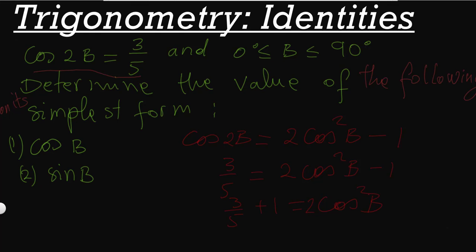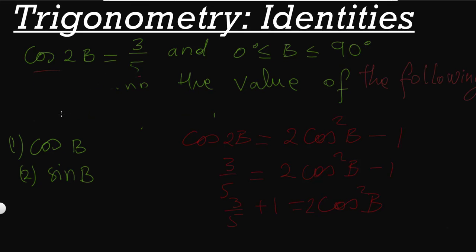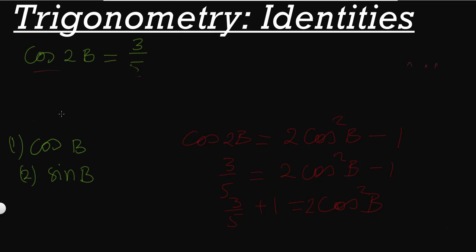Alright, now what is going to happen? Let me remove this with a simple calculation. This will give you 2 cos squared beta, and this will give you 8 over 5.